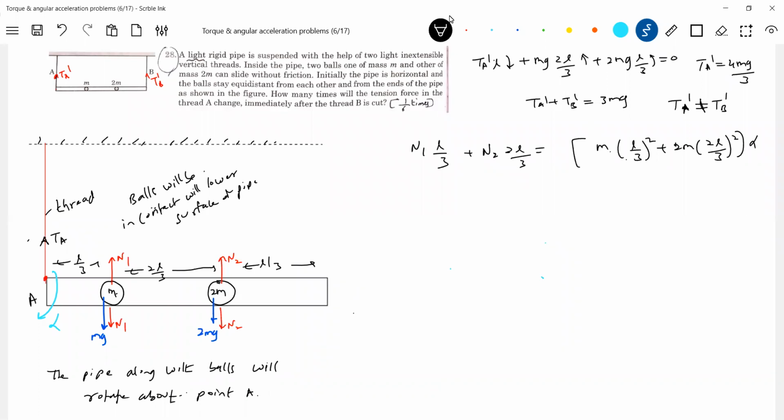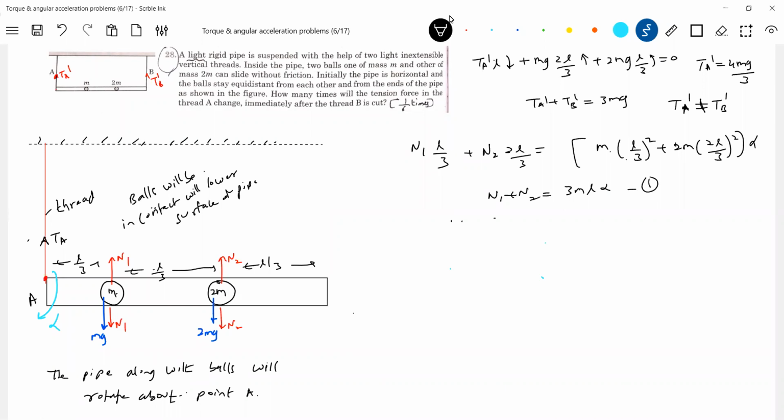Yeah, 2 is there. Now, from where is this torque brought? The torque acting on the system, N1 into L by 3 plus N2 into 2L by 3, should be equal to the total moment of inertia of the system, due to rotation motion. If I solve it, I'll get the equation N1 plus N2 is equal to 3ml alpha. Call this equation 1.